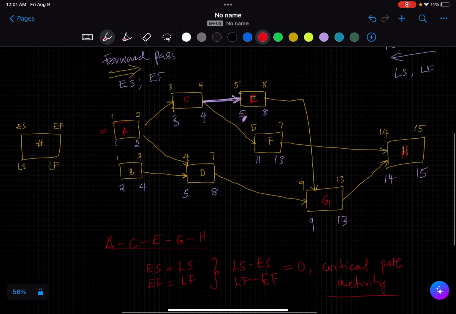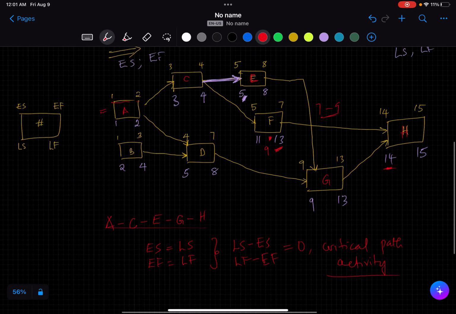As against that, if we were to take activity H or activity F, for example, if F for some reason doesn't start on week 5, maybe it starts on week 7, F takes 3 weeks. If it starts on week 7, it will finish by week 9. You see that there's still time. This will not affect the start date of H. So that's the meaning of this.